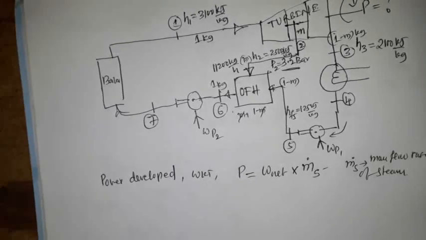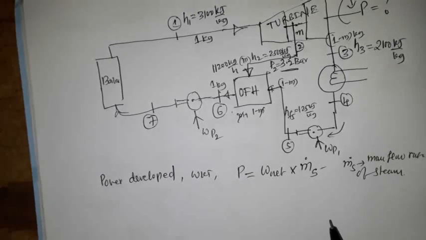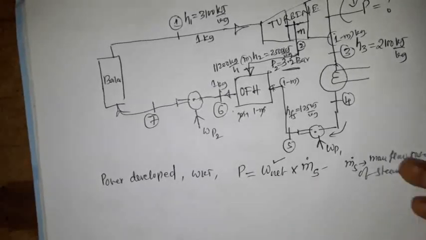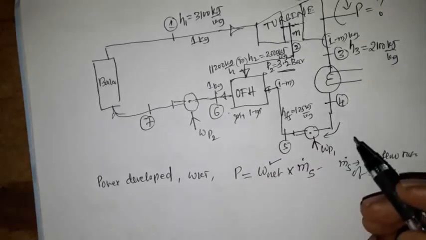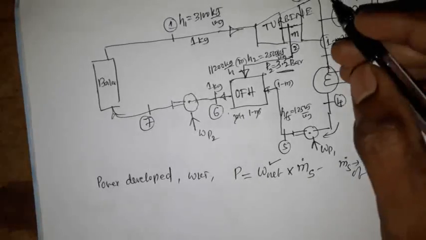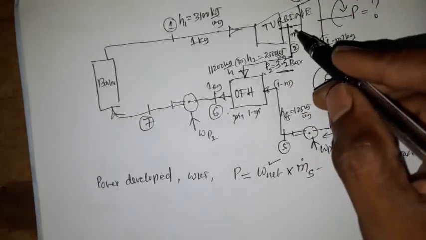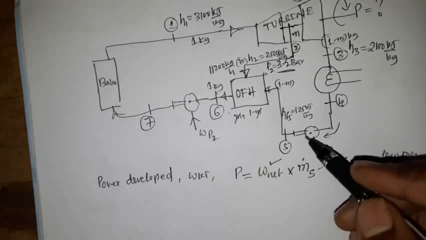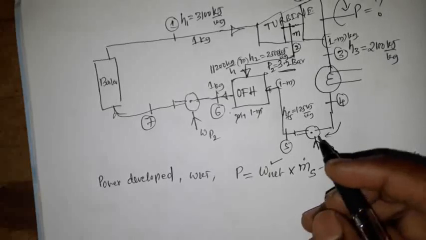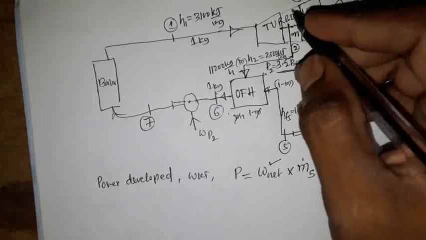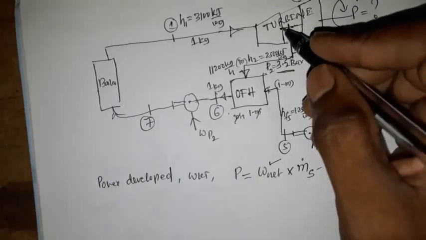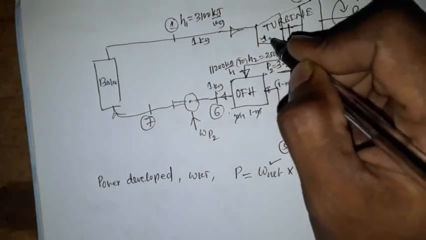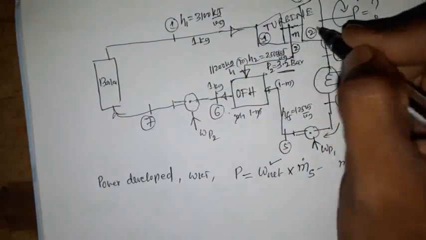Now if we want to calculate the net work developed in this cycle, that is nothing but the total turbine work developed in this plant, and the pump work is subtracted out of that. So the total turbine work developed is, we can say that this is the first stage of the turbine, this is the second stage of the turbine.